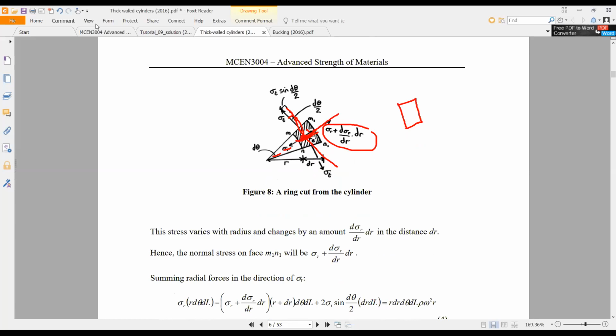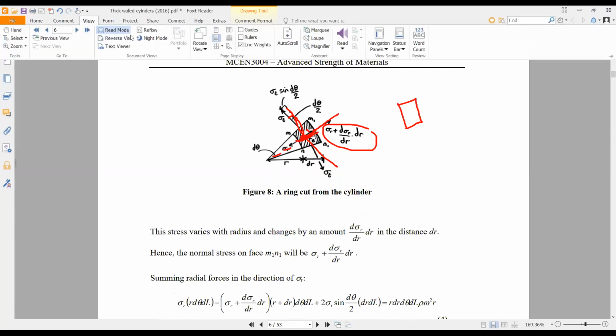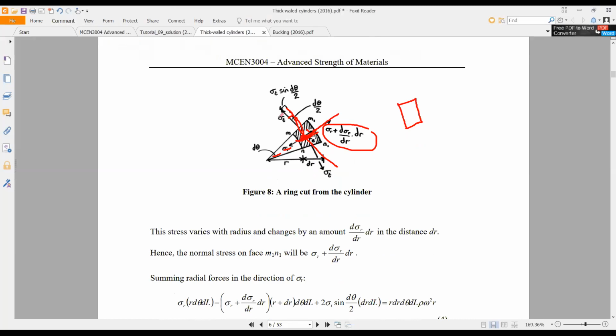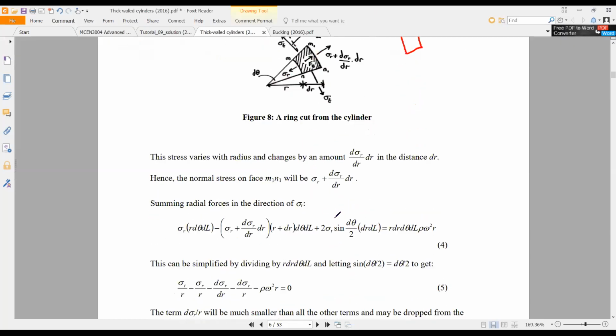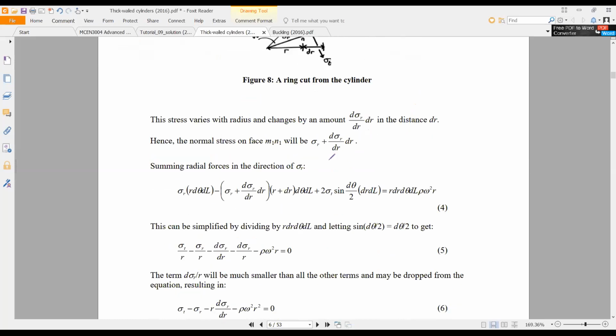I will erase this. I'm going to read this, and I already explained.